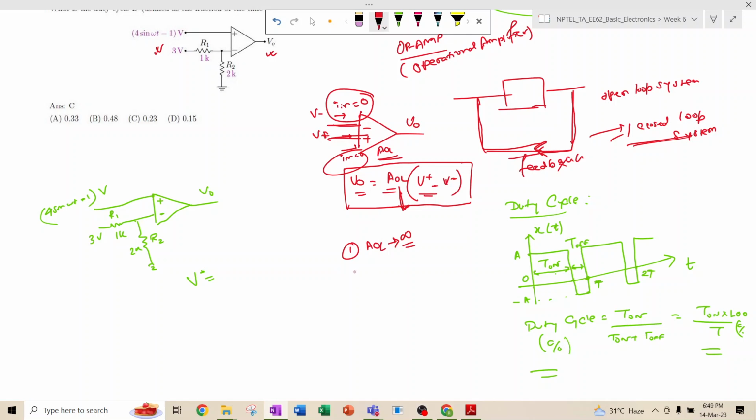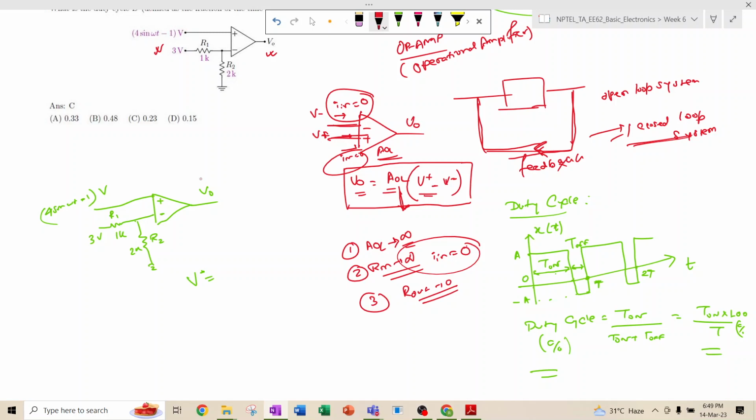Second, Rin is very high, so the current drawn by the op amp is ideally 0. Third, Rout is equal to 0, meaning whatever amplified version of the input signal appears entirely across the load. You must remember these three things.